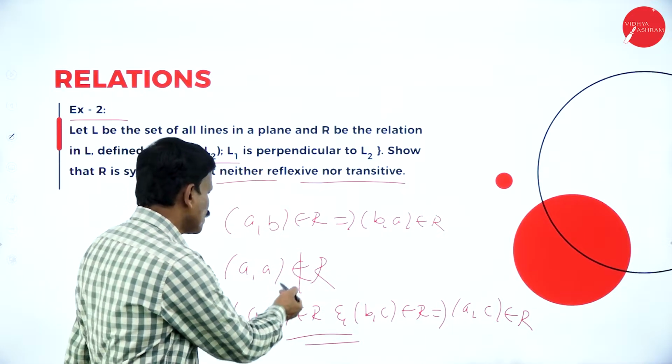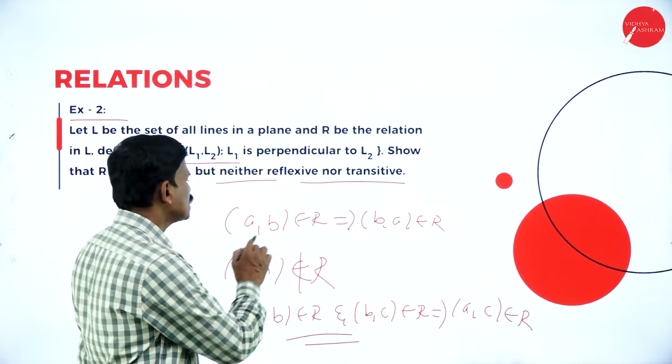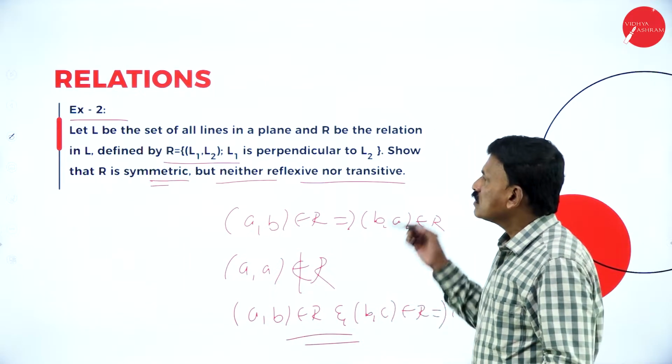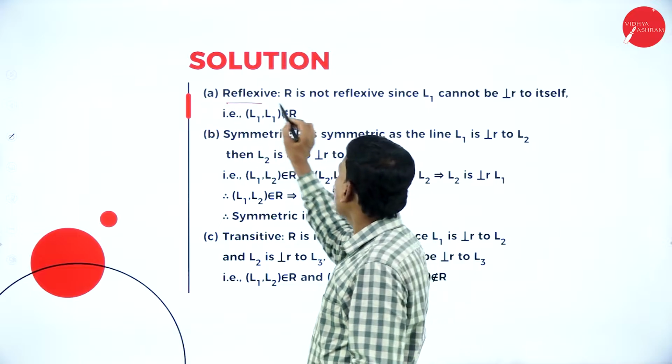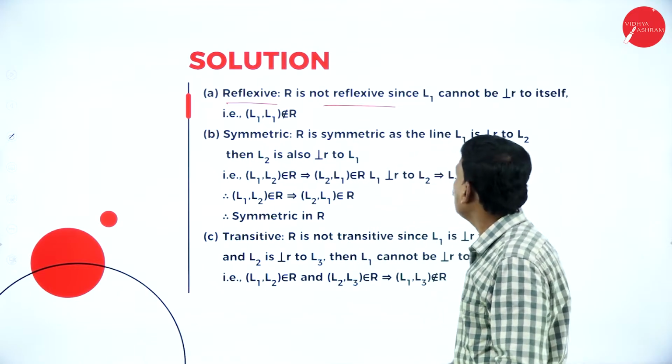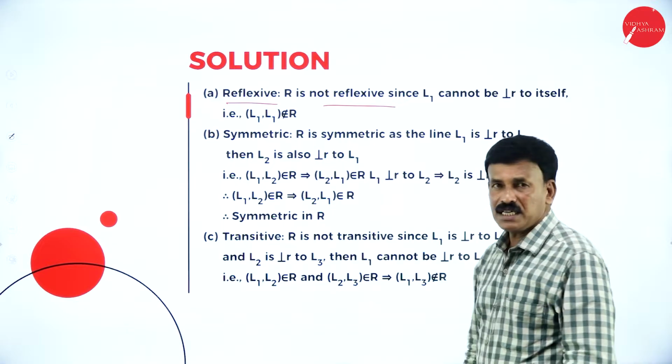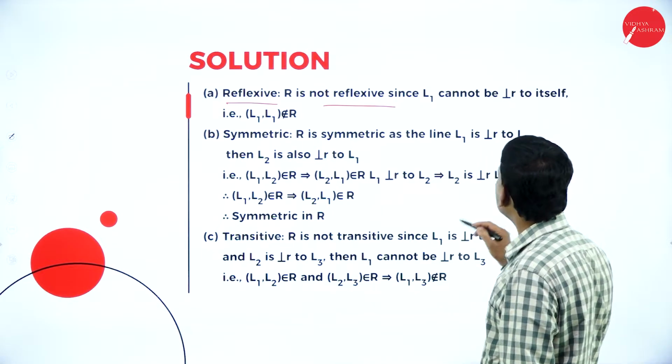It is neither reflexive nor transitive, but it is symmetric. Now, let us verify this. Reflexive: R is not reflexive since L1 cannot be perpendicular to itself. A line L1 cannot be perpendicular to L1 itself.